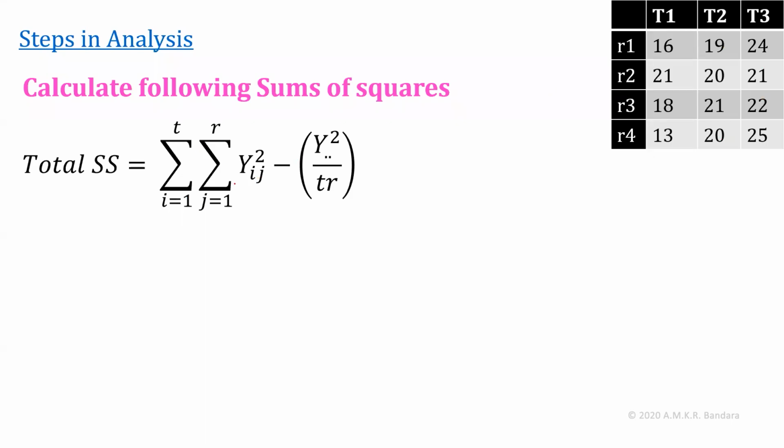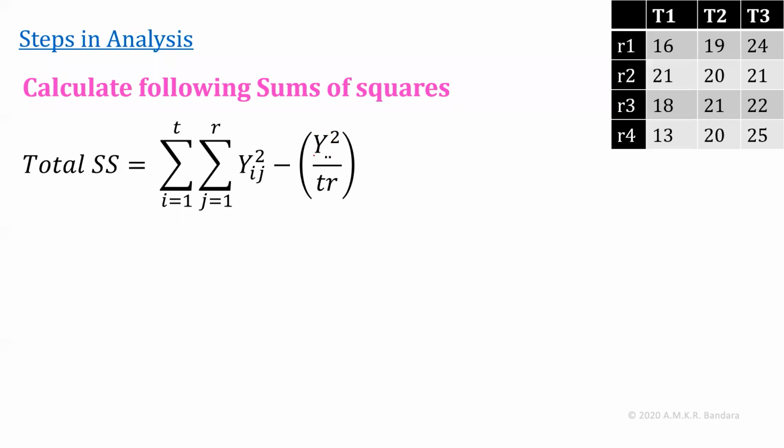Therefore, you have to first square each of these values, then get the summation. So you have to square 16, 19, 24, 21, 20, 21, 18, 21, 22, 13, 20, 25. Square all these observations and take the summation of those squared observations. Then you will get this one. Then y dot dot squared.